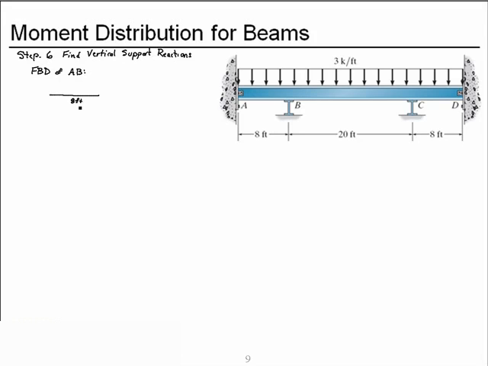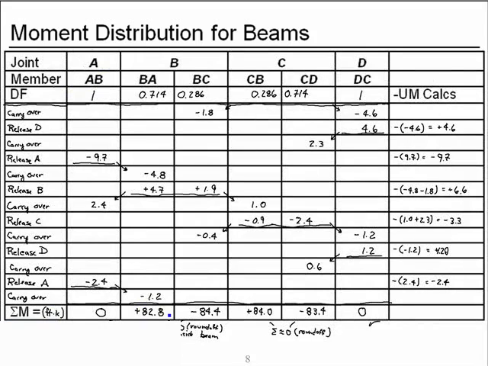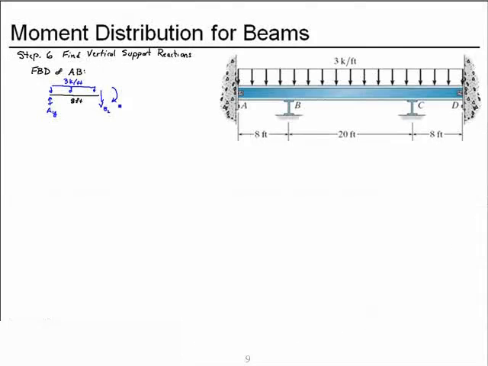It is 8 feet long, has the moment reaction at A, a uniform distributed load of 3 kips per foot, unknown shear at B, and the moment MBA that we just calculated to be a positive 82.8. And that's in units of foot-kips.